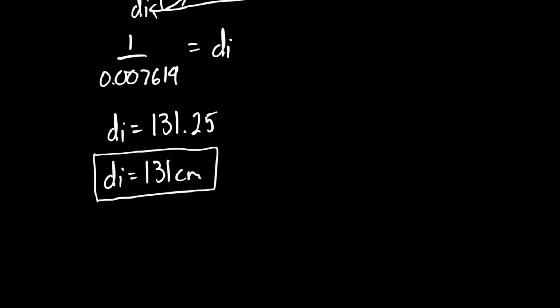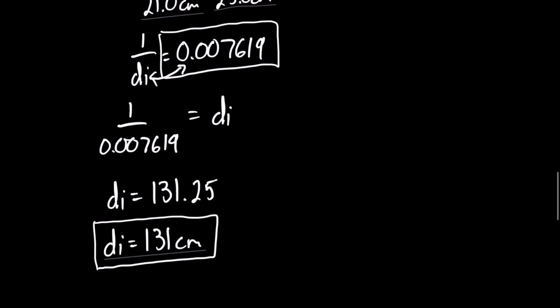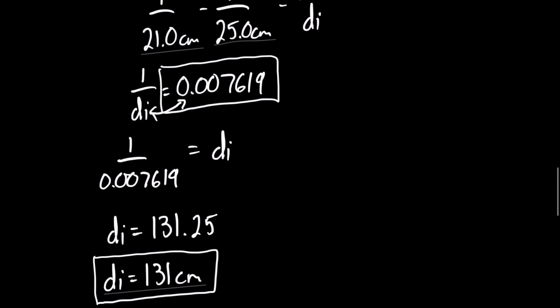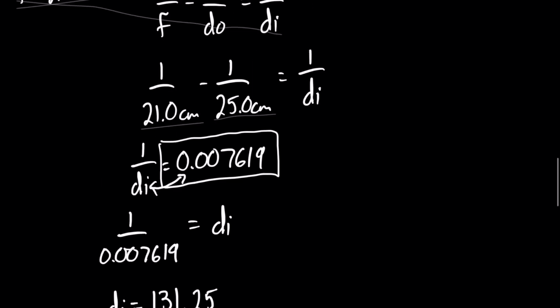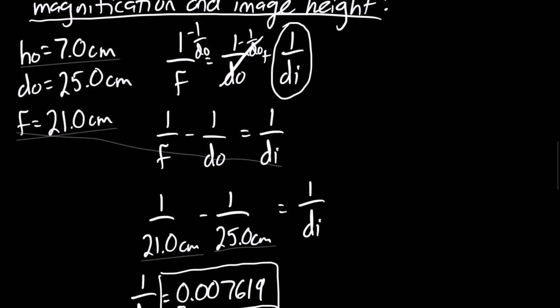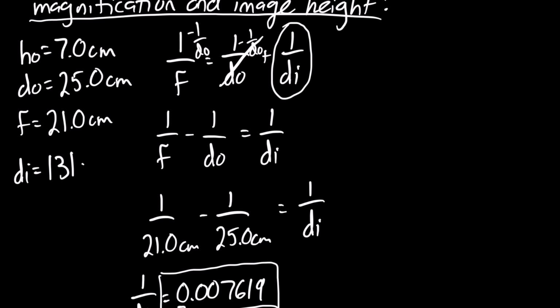So the distance of the image is 131 centimeters. We can add that to the values that we know. So we now know our DI is 131 centimeters.